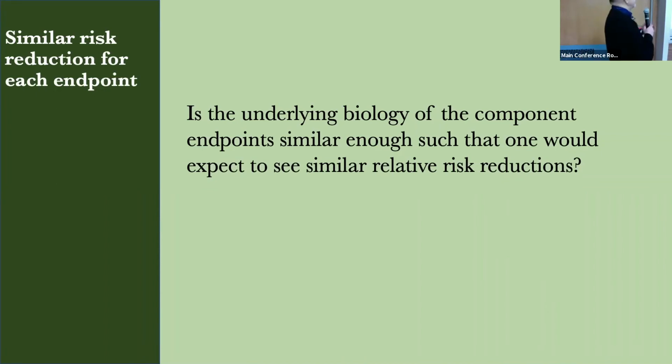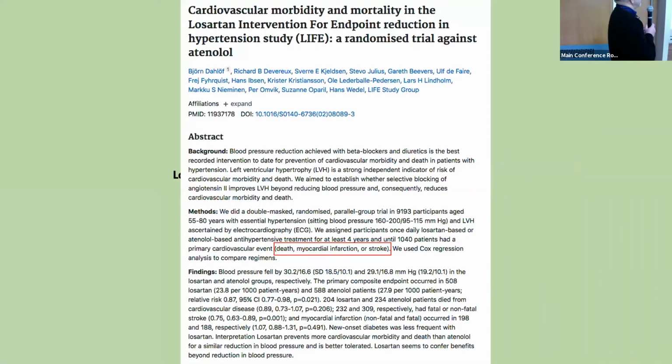This was a study, cardiovascular morbidity and mortality in the Losartan Intervention for Endpoint Reduction in Hypertension. So they studied patients with essential hypertension, and one group had just beta blocker, the other group had beta blocker plus losartan, and they looked at the composite outcome of death, myocardial infarction, and stroke.